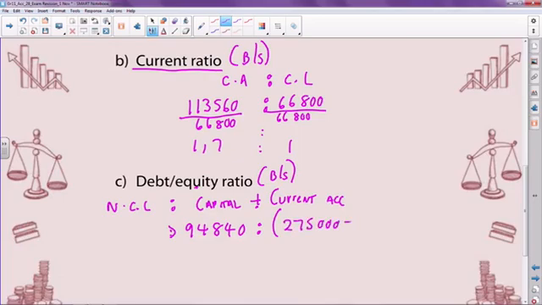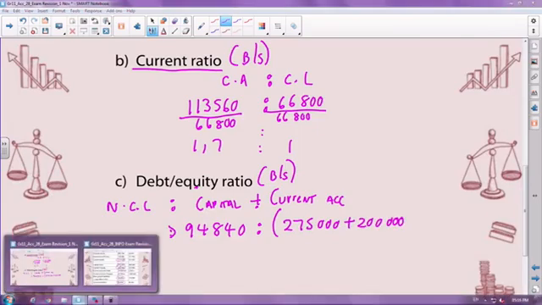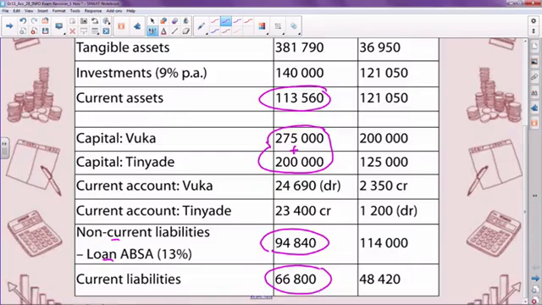275,000 plus 200,000. Now let's go to the current account. If I look at the current account, I notice VUCA has a debit balance of 24,690. Tanyade has a credit balance of 23,400.